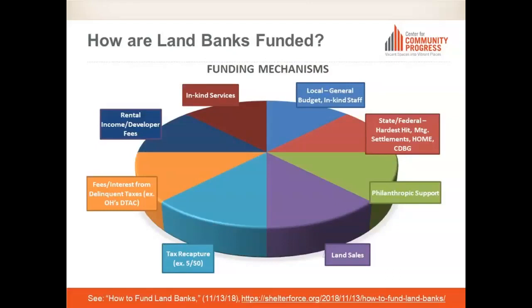So where are land banks getting their funding? Typically from local governmental support. There are a lot of city and county governments that provide direct allocations every year to land banks to support operations. There's been an incredible number of grant programs at the state and federal level that have supported some of the largest stabilization programs we've seen in decades, particularly through the Hardest Hit Funds.